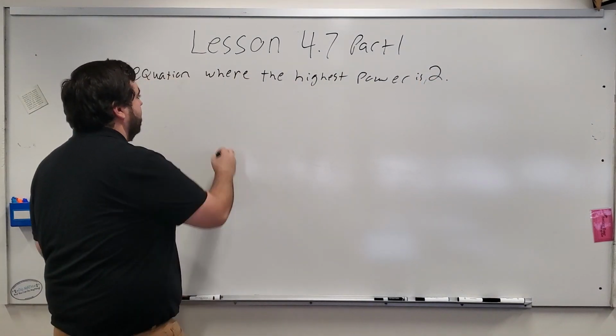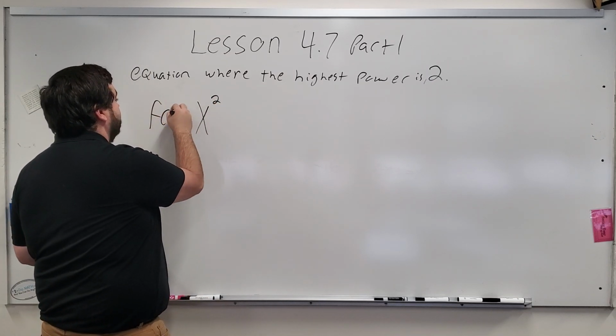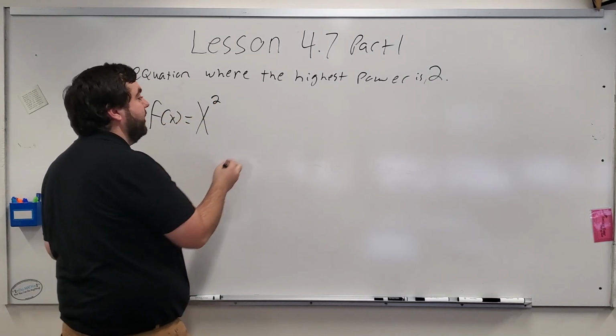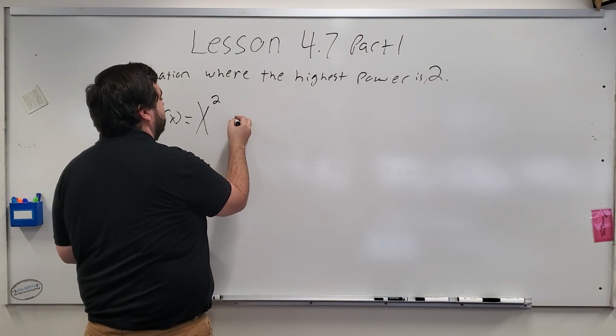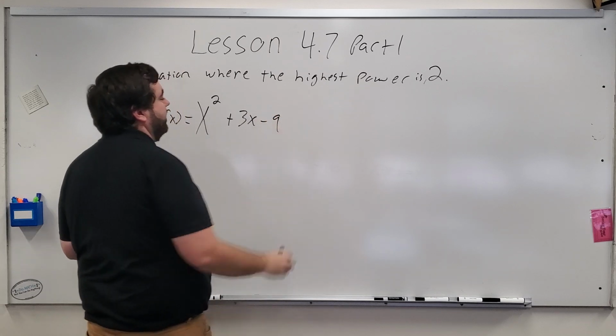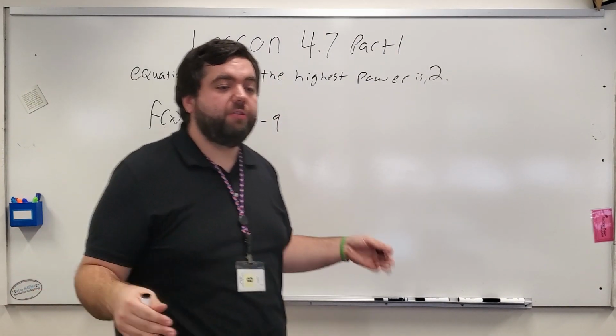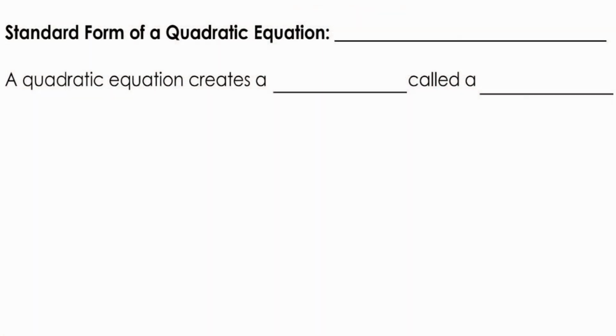So this is something like x to the 2. F of x, right? Algebra 2 time. F of x is equal to x squared plus, we'll say, 3x minus 9. Something like that. All right? And this is what's known as a quadratic.